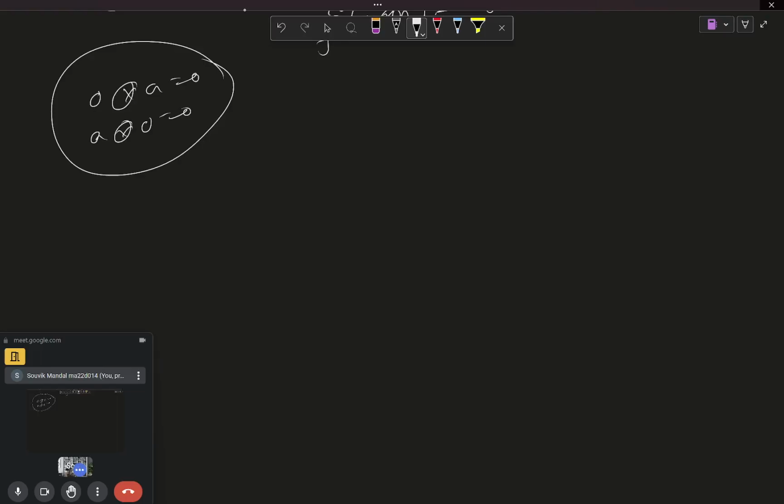Directly it is not a good way to do. First you need to make a map from M cross N to that ring, then check that it is bilinear. Then the bilinear map will induce a well-defined map. So this is one way of doing that.